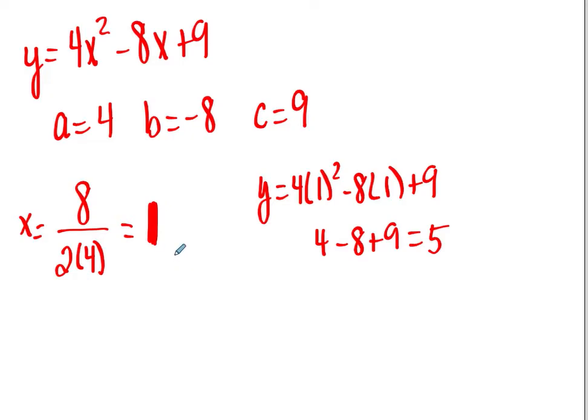Does that make sense, Zoe? Like I could say, what's the y value when x equals 40? And I could plug 40 in for x. And that would be an ordered pair, it just would not be the vertex. This right here is specific to the vertex. So what's the vertex? 1, 5.